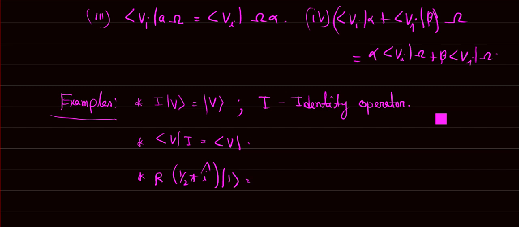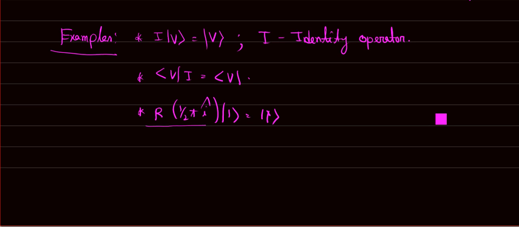Some example: this operator denoted by R(i, pi/2) acts on the unit vector.